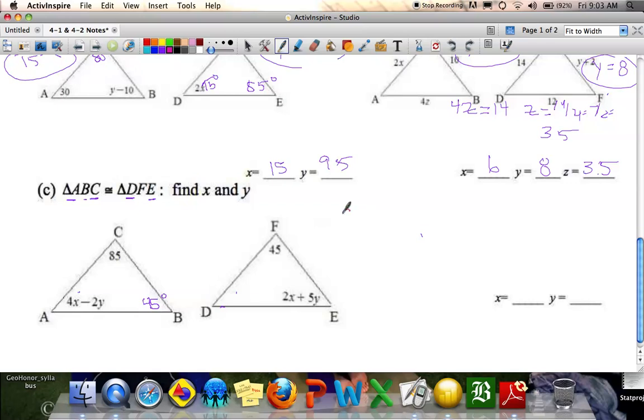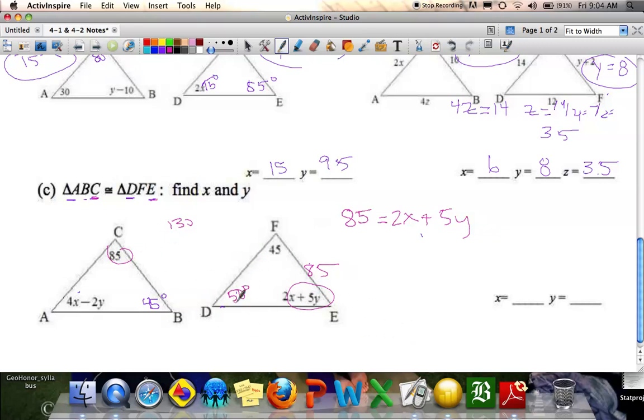Okay, we have 85 equals 2x plus 5y. That matches up C with E. And let's see, this is 45, this has to be 85. 85 plus 45 is 130, so this angle has to be 50 degrees because of the sum of the triangle's angles, 150.